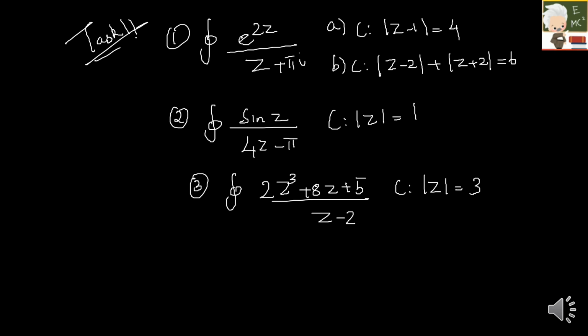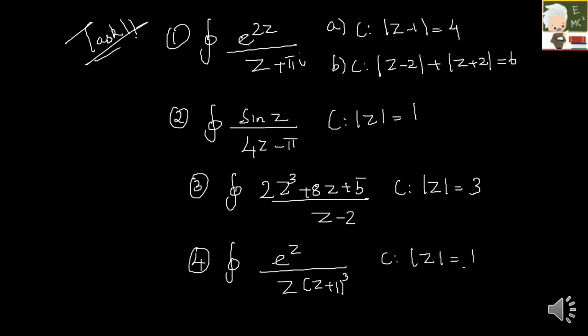And then the fourth question is the closed integral of e raised to z by z into (z plus 1) the whole cube, the contour is |z| = 1/2.